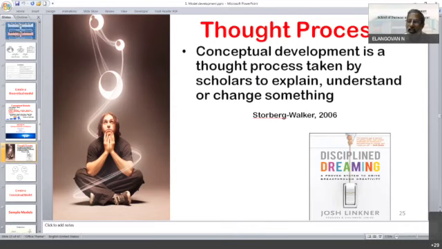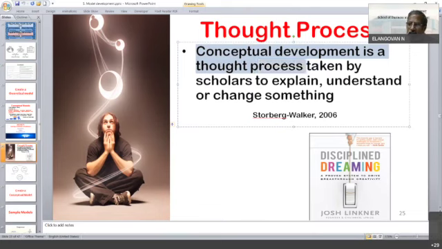So there is a kind of reason why a new variable is added. A thought process, a conceptual model development, is a thought process taken by the scholar to explain, understand, or change something with a disciplined imagination.